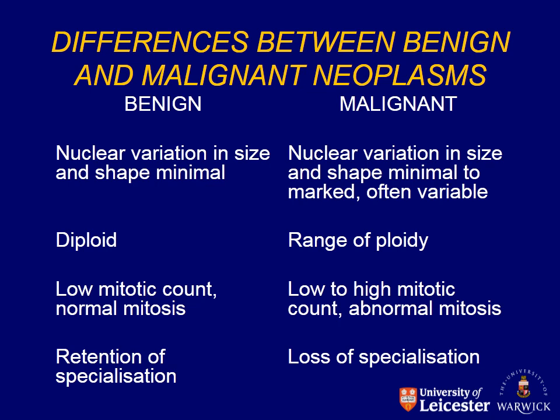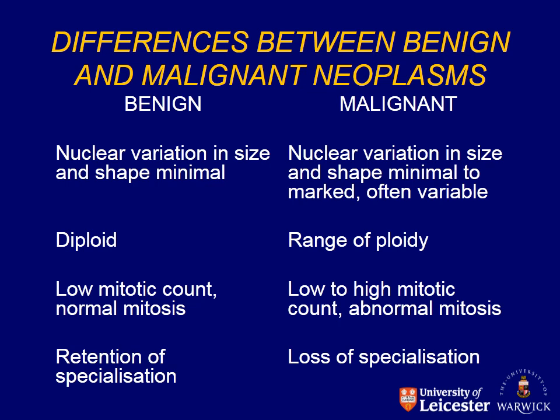So first of all, when we see the individual cells, what are the differences? The cells of the benign tumor, their nuclear variation in size and shape is minimal. So they show minimum nuclear variation in size and shape.